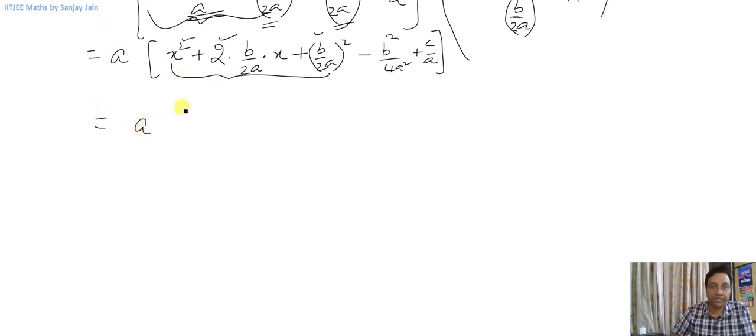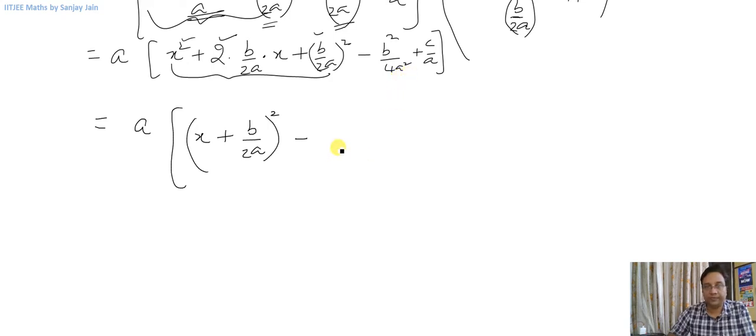So let me write it as x plus b by 2a whole square. And the rest of the portion can be written as, if I take the LCM, let the LCM be 4a square, then this will be nothing but b square, and this will be minus 4ac.